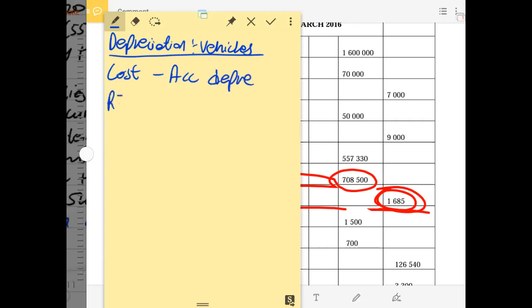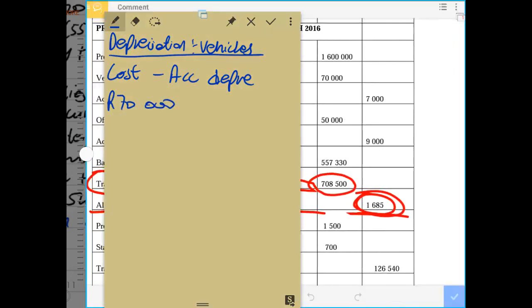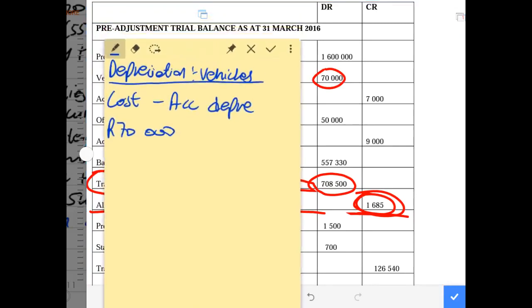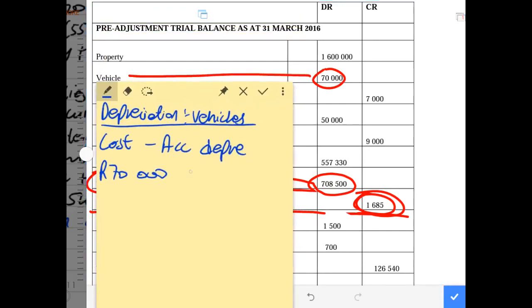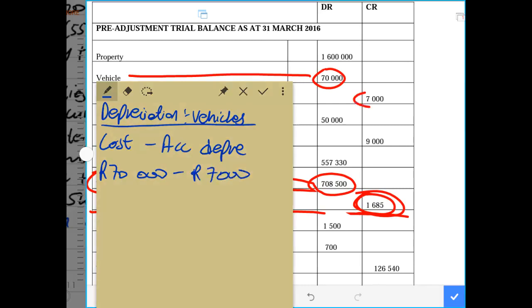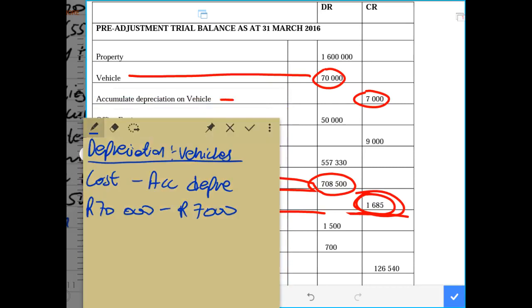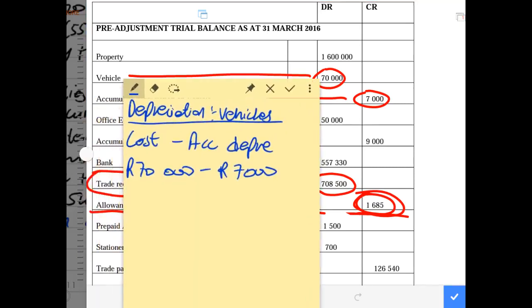Cost price of the vehicles is 70,000 rands. Accumulated depreciation is 7,000 rands. There we do have 7,000 rands of the accumulated depreciation for vehicle.